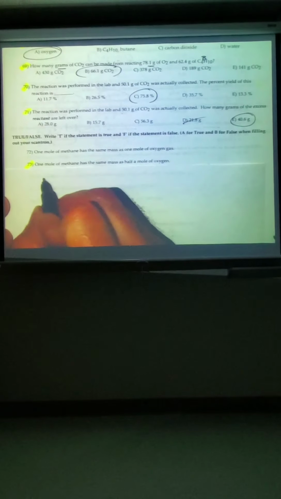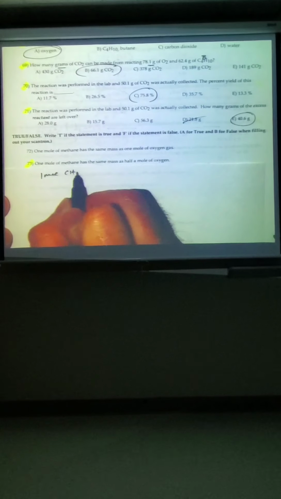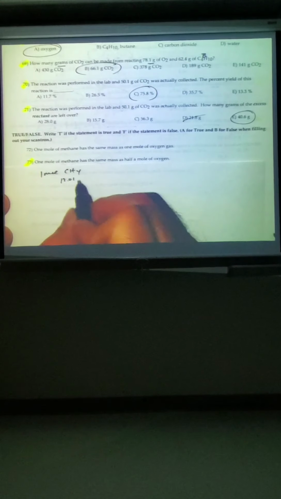73, we have 1 mole of methane, half the mass of a mole, or same mass as half a mole of oxygen. So just be careful that they're talking about oxygen gas. So 1 mole of methane, 1 mole of CH4 is 12.01 plus 4 times 1.01. So it's about 16.04.